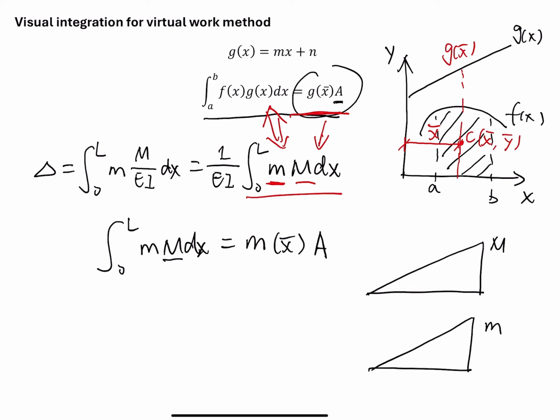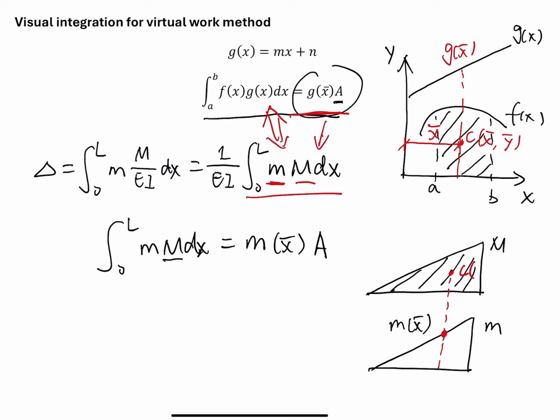A is the area of this bending moment diagram, and there is a centroid point C of this real bending moment. Related to this, we can find the value of m x bar.